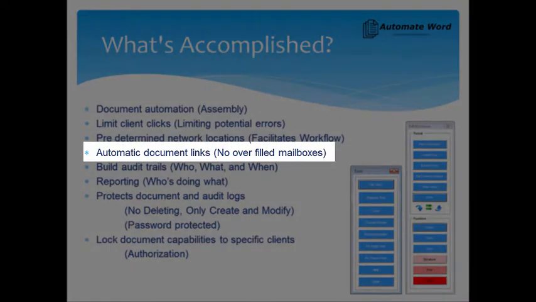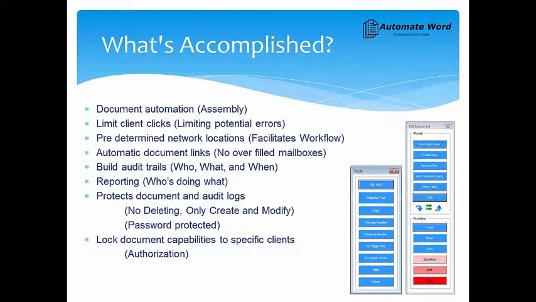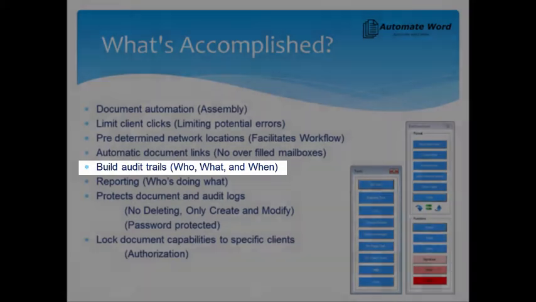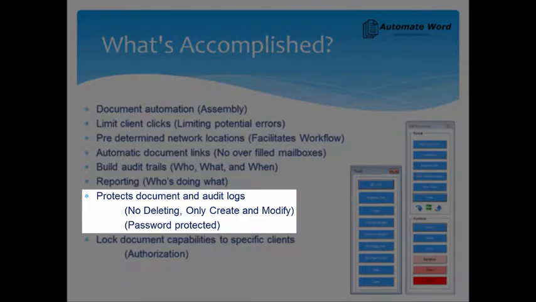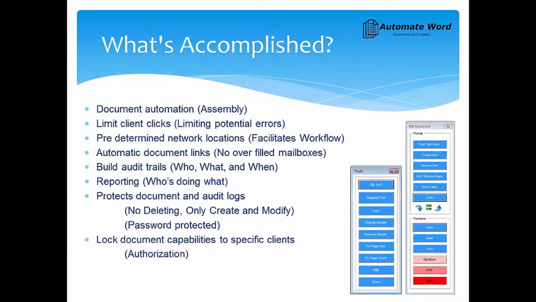Automatic document links. We have an audit trail. We have reporting. We protect our documents and audit logs. And we can control who has what kinds of functionality and access into the application.